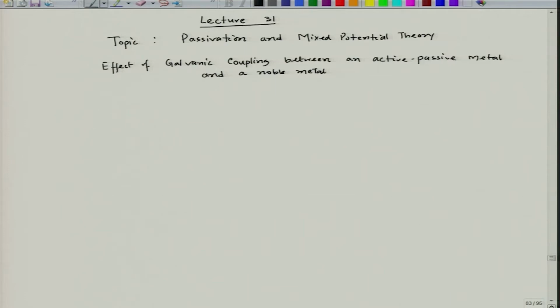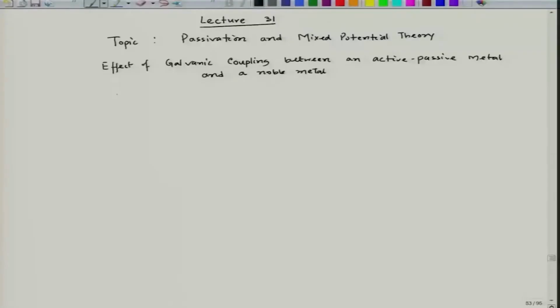Now, in case of active metals, we have seen that if we connect an active metal with a noble metal like zinc connected to platinum or zinc connected to gold or zinc connected to palladium, we have always noticed that the corrosion rate increases, and there you have to consider that equal area of both the metals are connected galvanically.